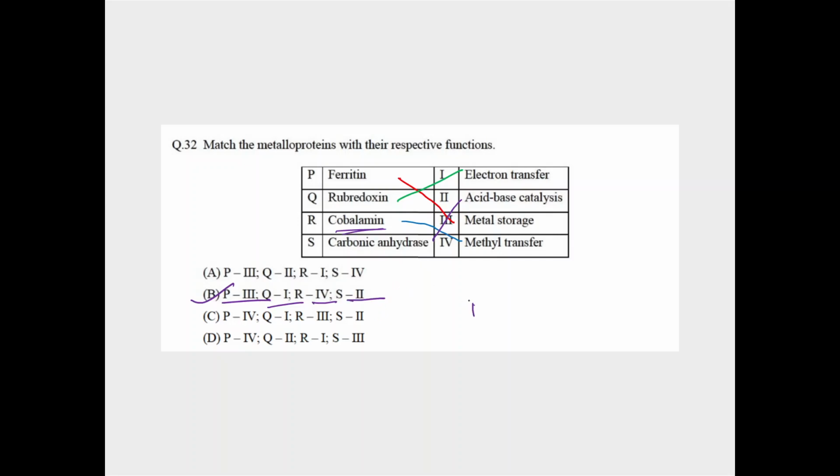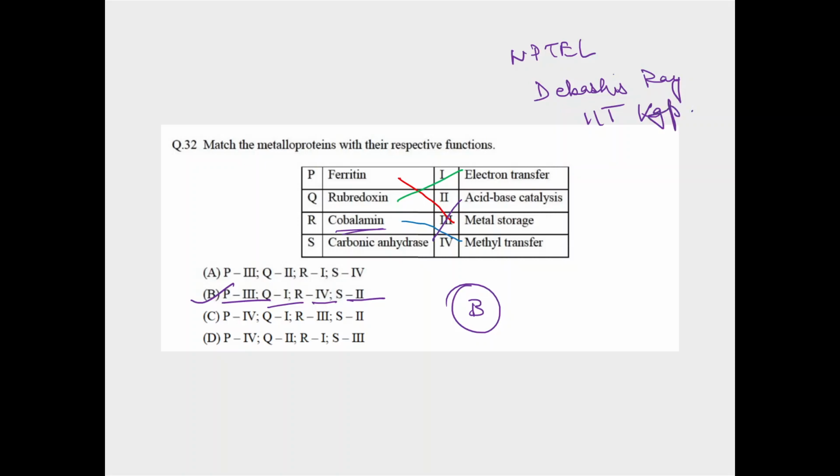So in this question, question number 32, match the metalloproteins with their respective functions, option number B is the correct option. Do you have any doubt? This is from the NPTEL course by Debashish Rai, from IIT KGP. Any doubts?